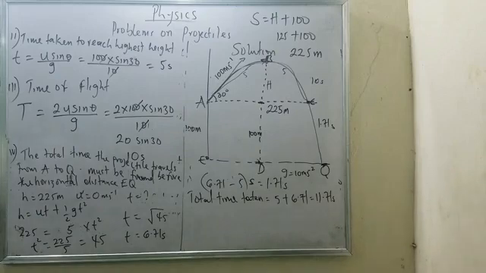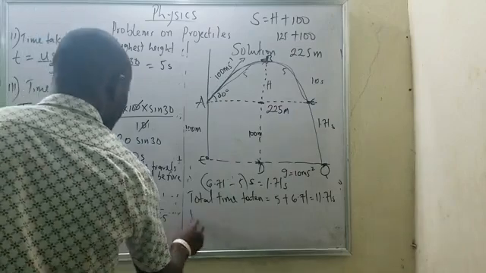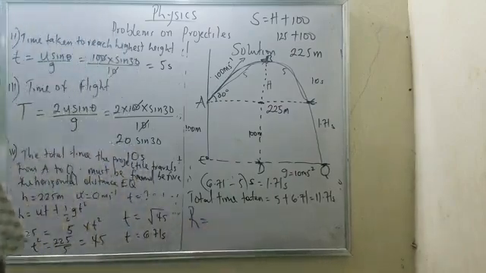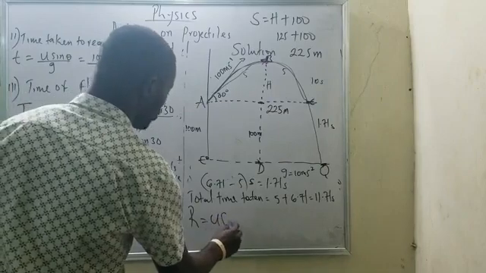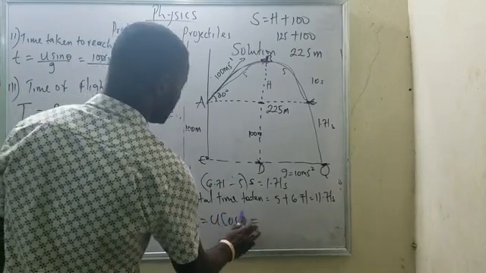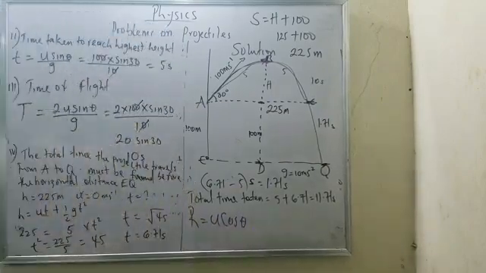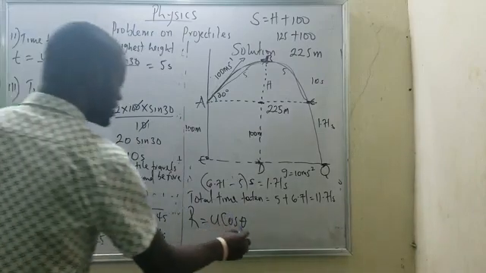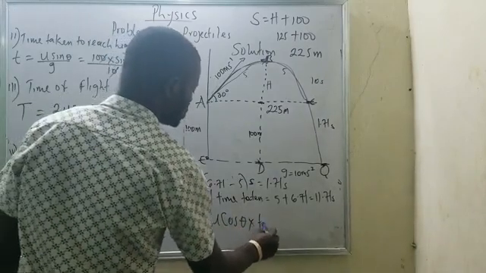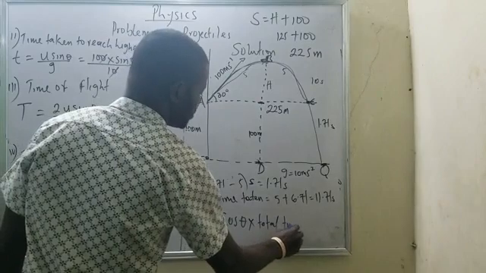Now I can continue by using the components of initial velocity. My range R will be equals to u cos theta multiplied by the total time taken.